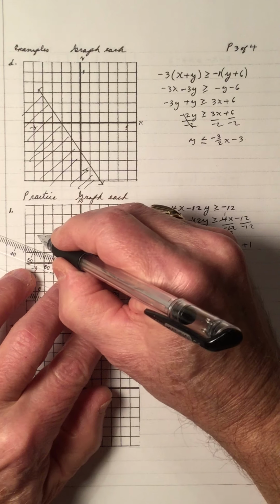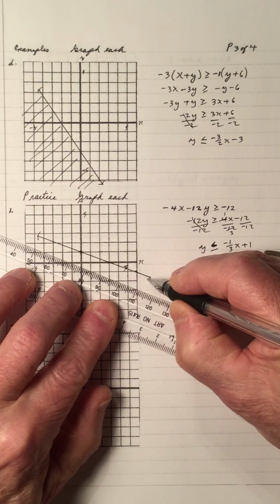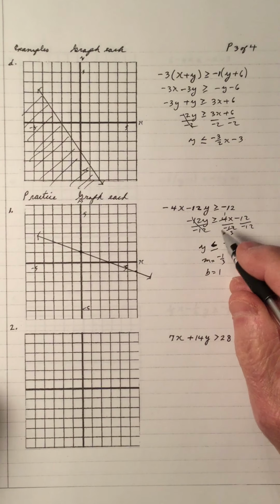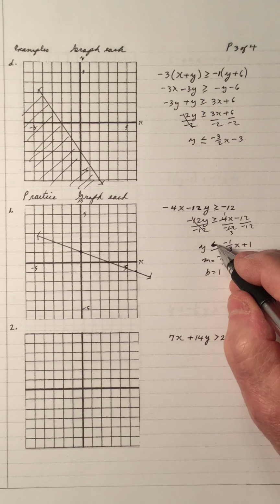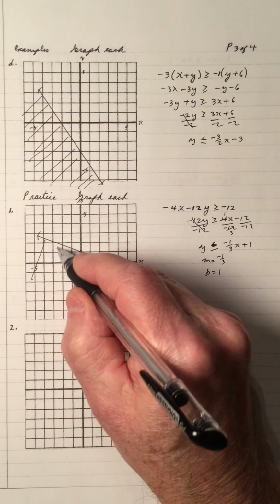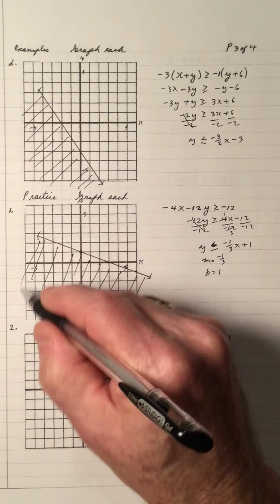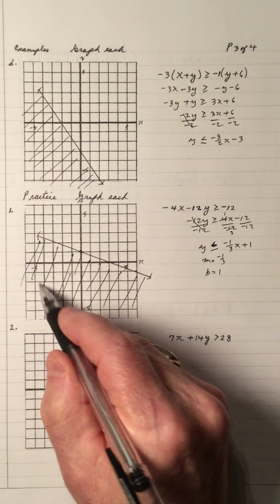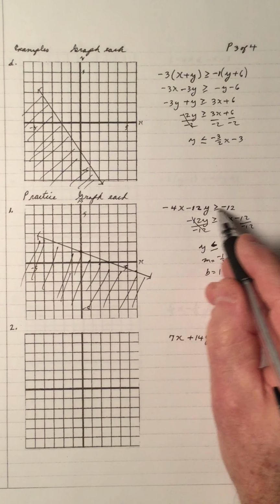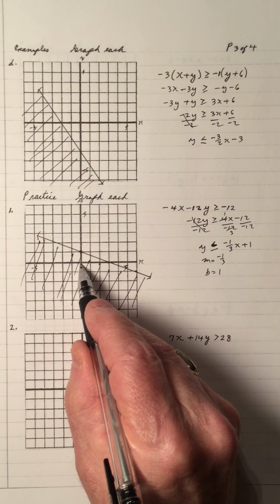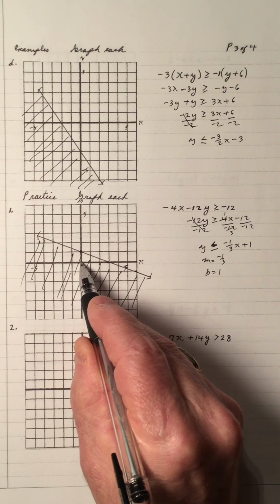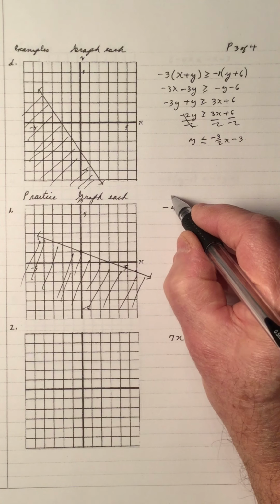What does it mean? It means that all the points that lie on this line make this inequality true because it's equal to. Less than, again, is below the line. What does it mean? How do I know? Well, all the points down below this line make this inequality true. And you can check with 0, 0. Let's put 0, 0 in.